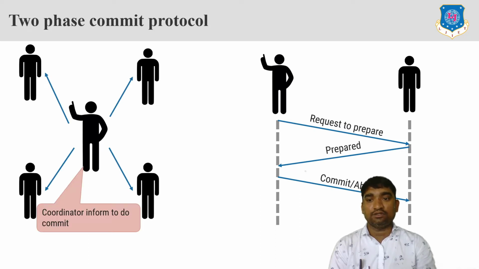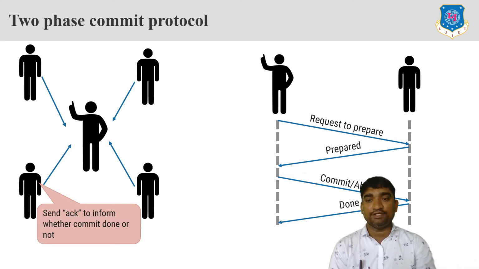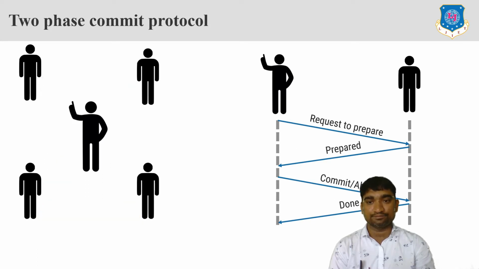Now the coordinator will inform them to commit. If all the participants are ready to commit the work, then the coordinator informs the participants to do the commit. Then the participants send an acknowledgement to the coordinator to inform whether the commit is done or not.